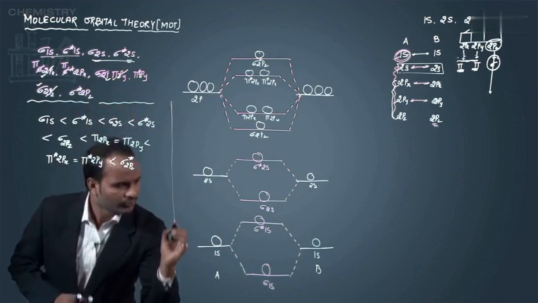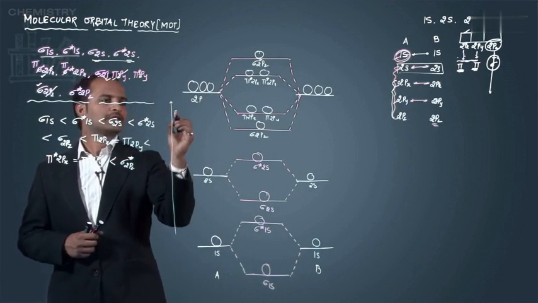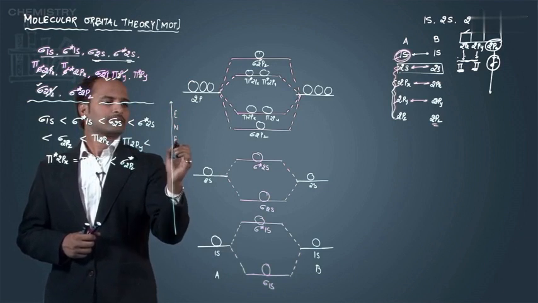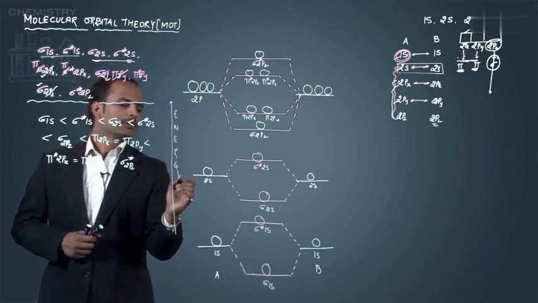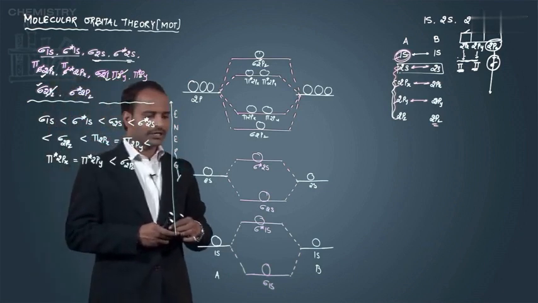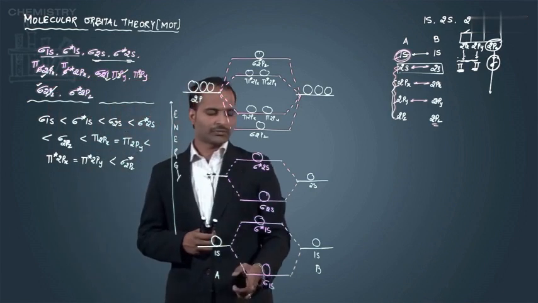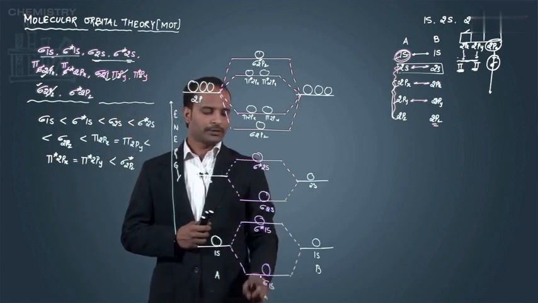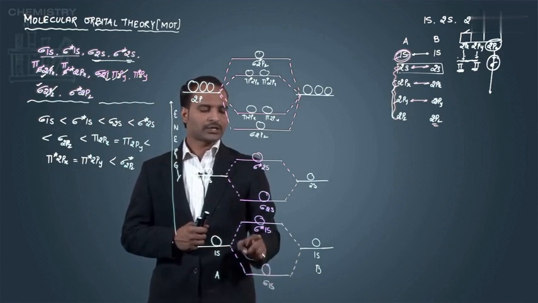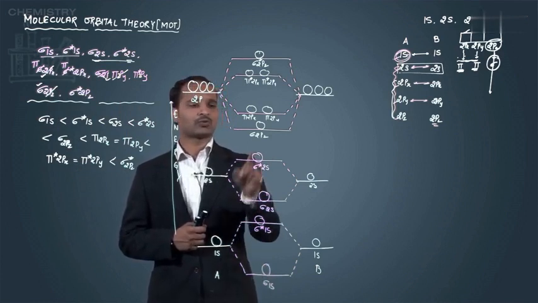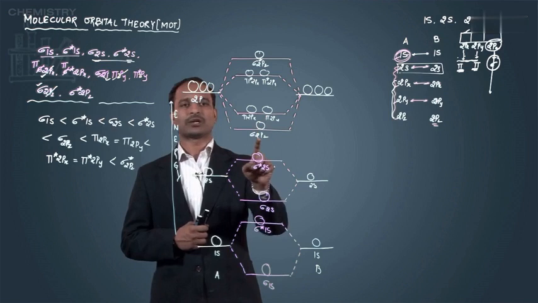When we move from bottom to top, the energy continuously goes on increasing. From this diagram I can say that sigma 1s has the lowest energy. When the electron fills, first it will fill sigma 1s, then sigma star 1s, then sigma 2s and sigma star 2s. After this, the electron will move to sigma 2pz.